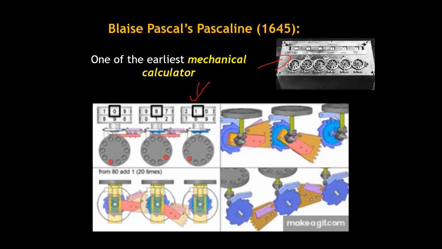And you have all these levers underneath that are moving, and they cause the other ones to start moving. So when you add something, if you go over 9, then it will move the next one and the next one, or when you subtract, they will move in the opposite direction. So it was an incredible machine to do this type of calculations.